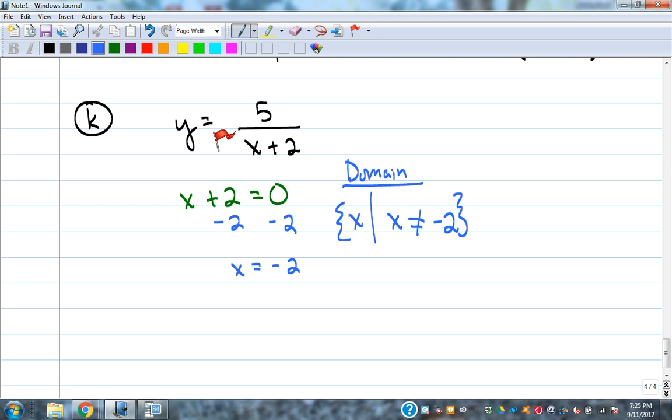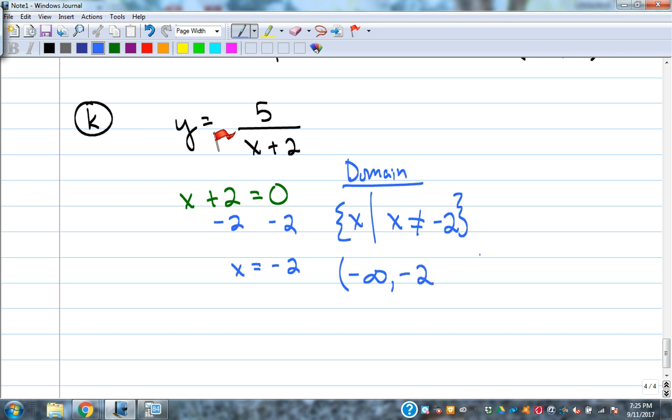So what I've got to do when I'm walking along that number line from negative infinity, trying to get to positive infinity, I've got to hop over that problem. I've got to skip the -2. All right? So I'm going to cut out a -2. So when I go to that, I'm starting at negative infinity. I'm walking along just fine until I get to -2.